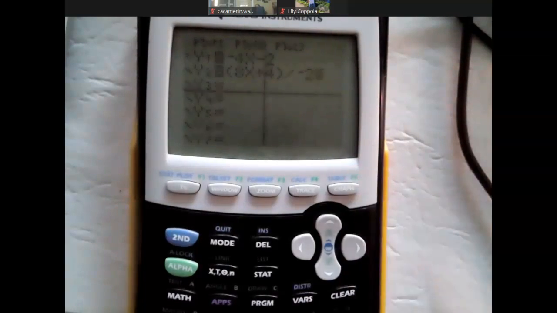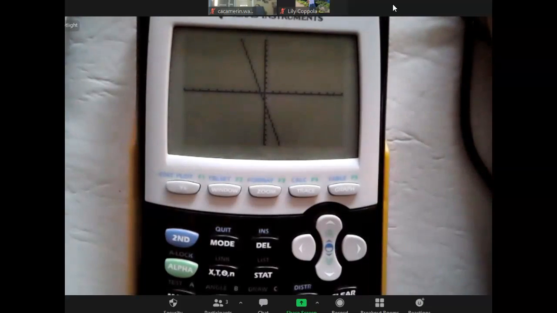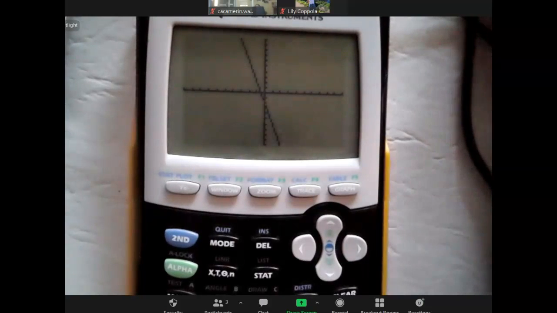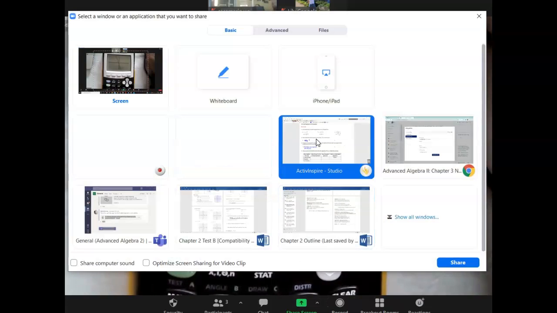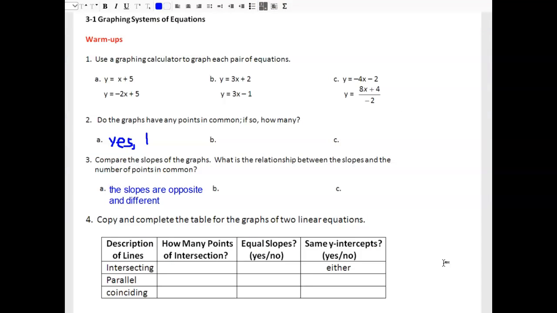This time we're going to hit graph. And I notice that I only see one graph on the page. The reason there is only one graph on the page is because these equations are identical. So how many points do they have in common? All of them.